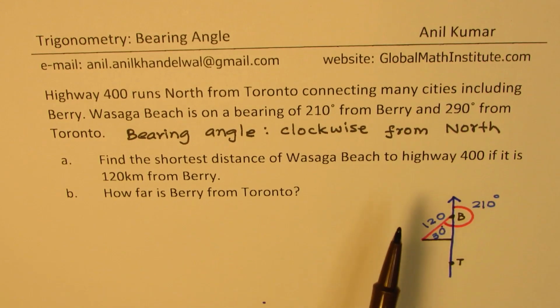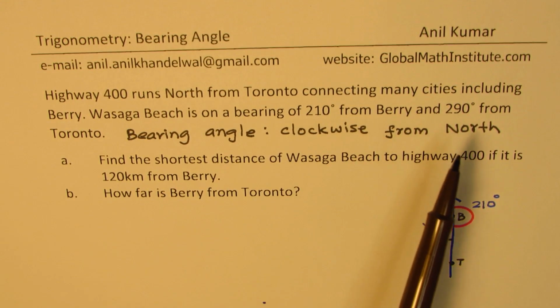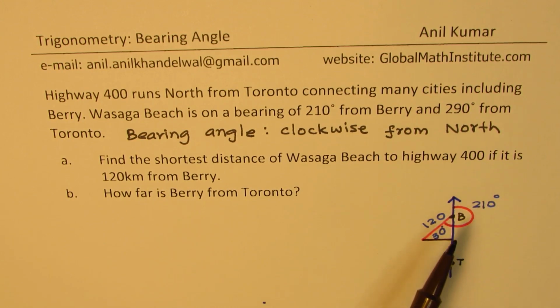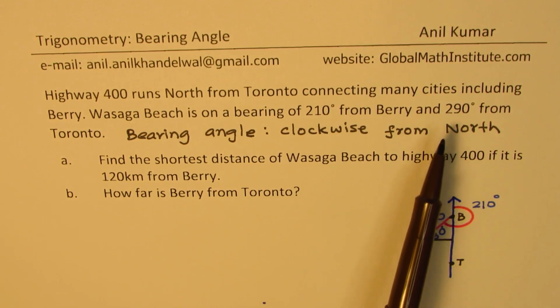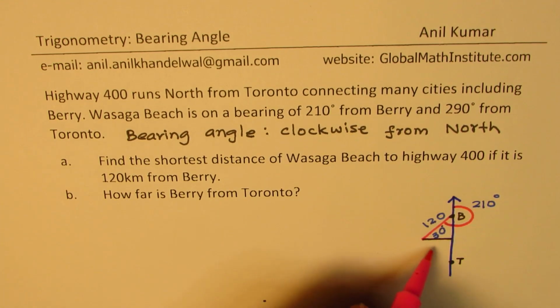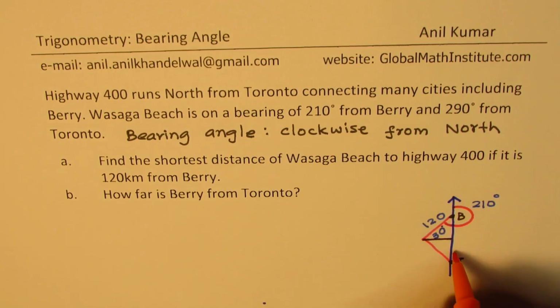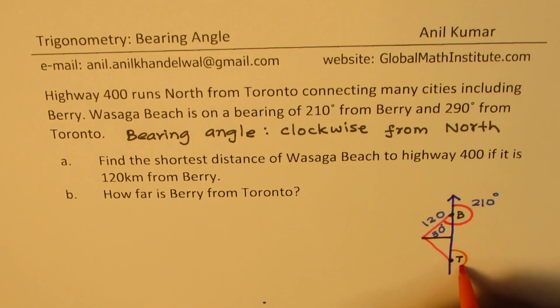Now we are saying that as far as Toronto is concerned, this bearing angle is 290, right? So let me connect this point first and then we'll talk about 290. 290 means, let's go with another color, more than 270, right?